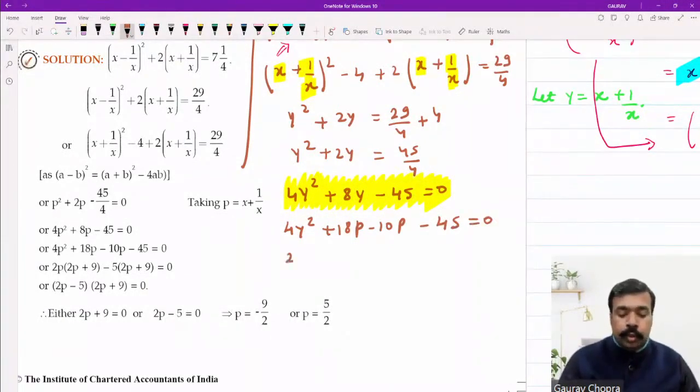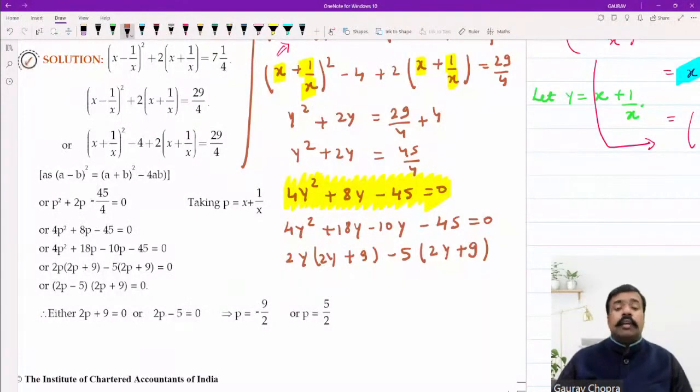Now we can put here y. So what is done? 2y can be taken as common. So y plus 2y plus 9, and then we are left with minus 5 is common, and again 2y plus 9.